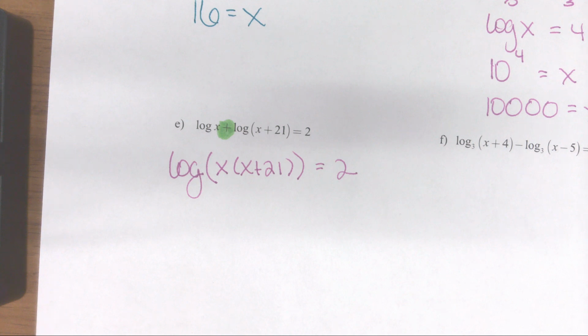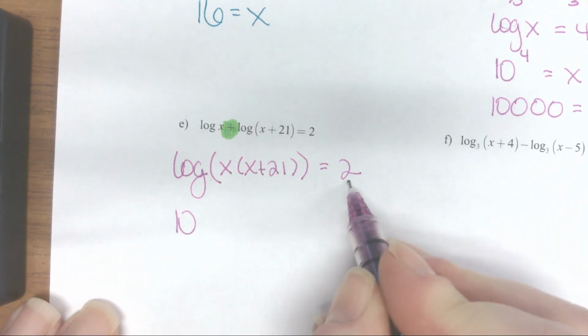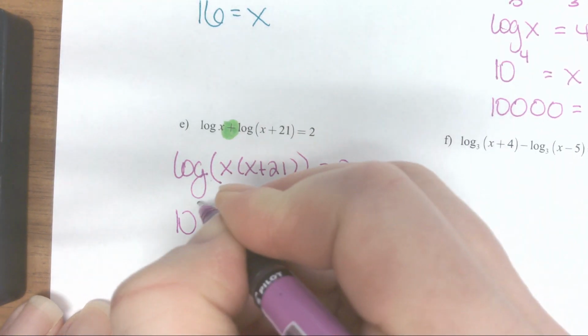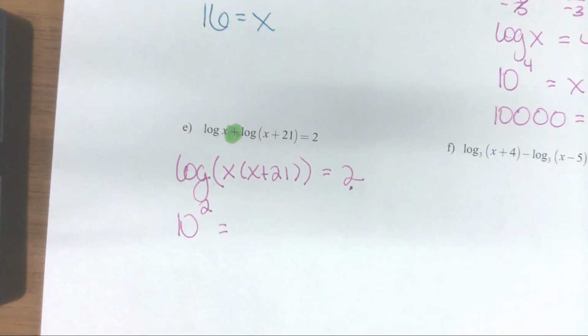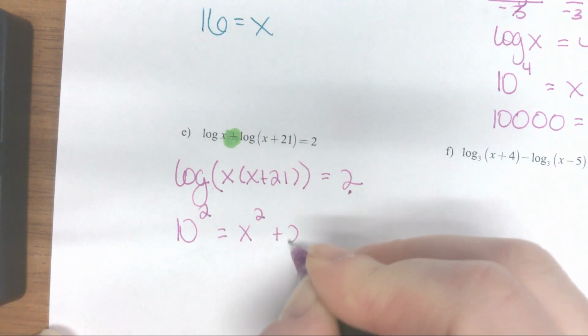Once I have one logarithm, we're going to change it to exponential form. What is the base of log if nothing's written down there? 10. So I have 10 to the other side equals what's inside the parentheses of the logarithm, which I'm going to go ahead and expand to x squared plus 21x, as long as you're okay with that.